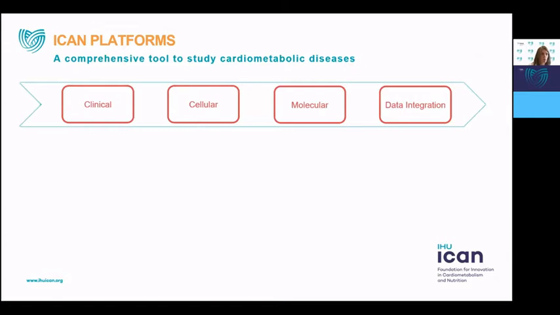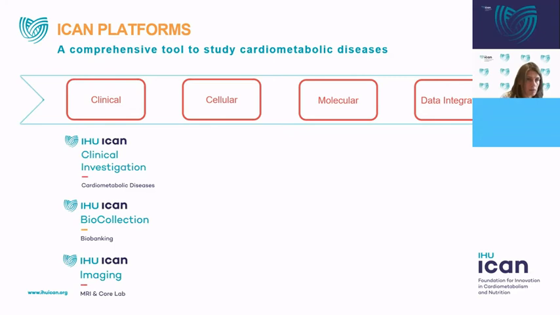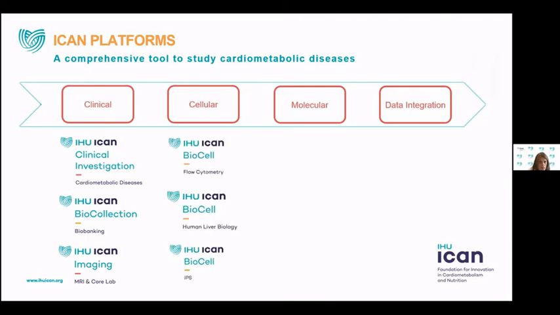To do so, ICAN platforms constitute a comprehensive tool to study cardiometabolic disease through multi-scale phenotyping, going from clinical, with the clinical investigation platform, the biocollection biobanking platform, and the imaging platform. We then have the cellular phenotyping with the ICAN biocell platform with the flow cytometry, human liver biology, and IPS.